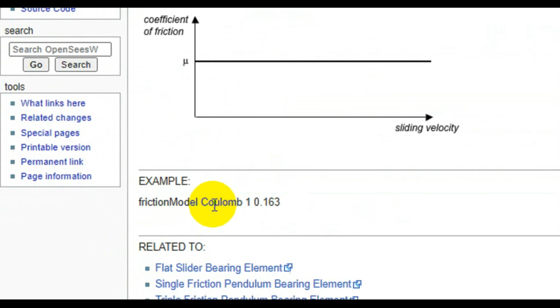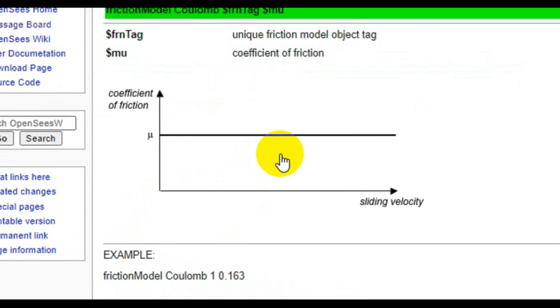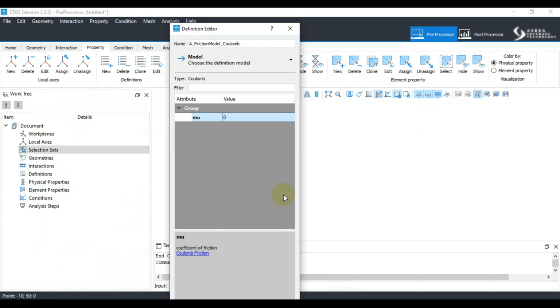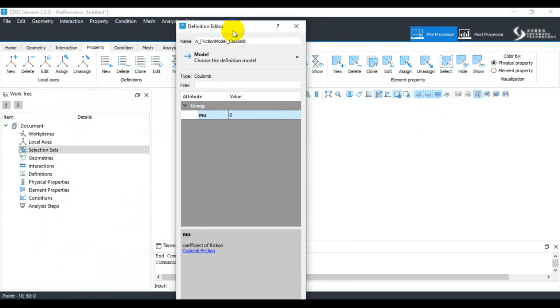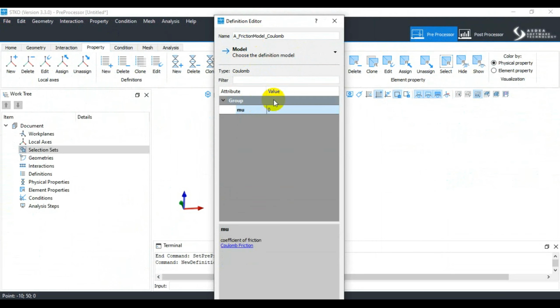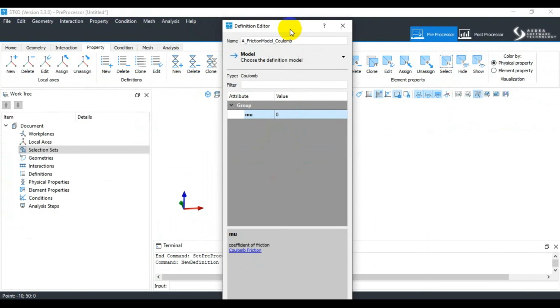You can study this in the example frictionModel Coulomb 1 0.163, and this is the behavior presented in this graph here. If you are using the STKO environment, this is the tag that you are going to use here, and this is the new value that you are going to use here.